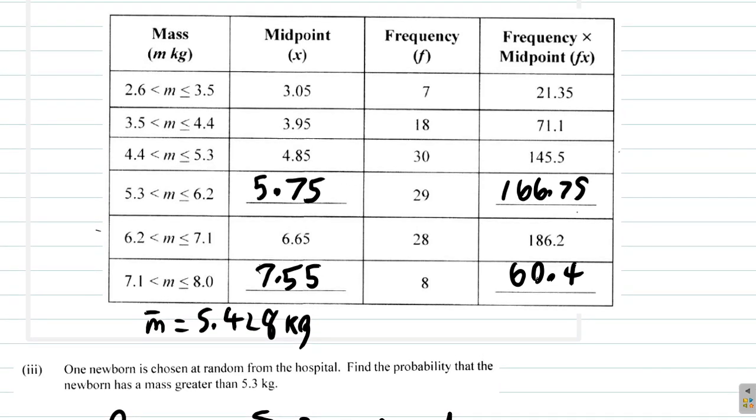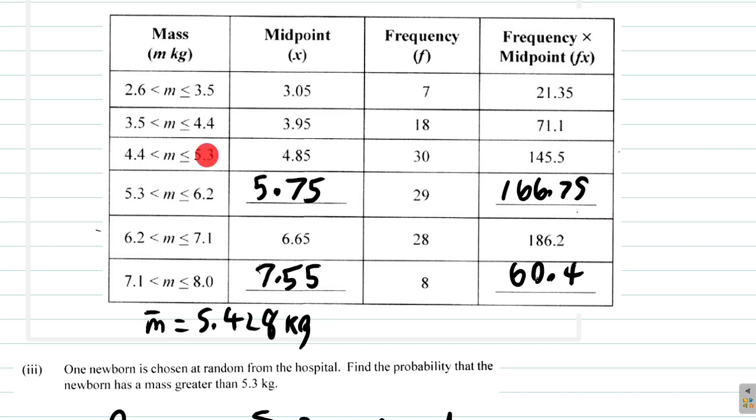What you need to do is look at this. You see, all of these are less than 5.3. These are from 2.6 to 3.5. You have 7, you have 18, less than 5.3. Don't start counting it. You see these 30, they are from 4.4 up to 5.3.